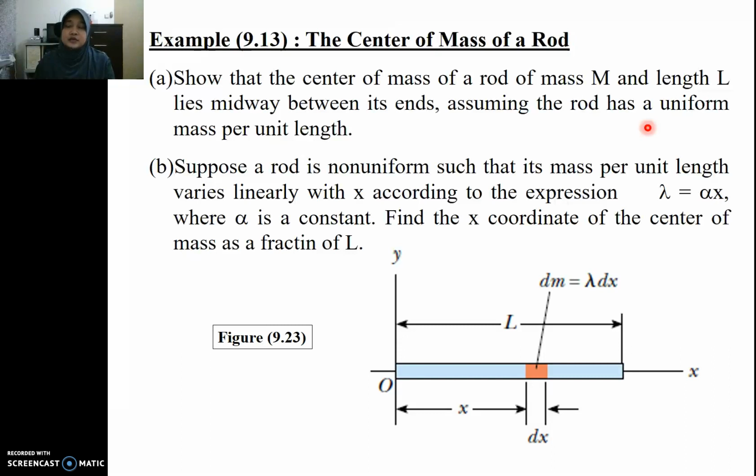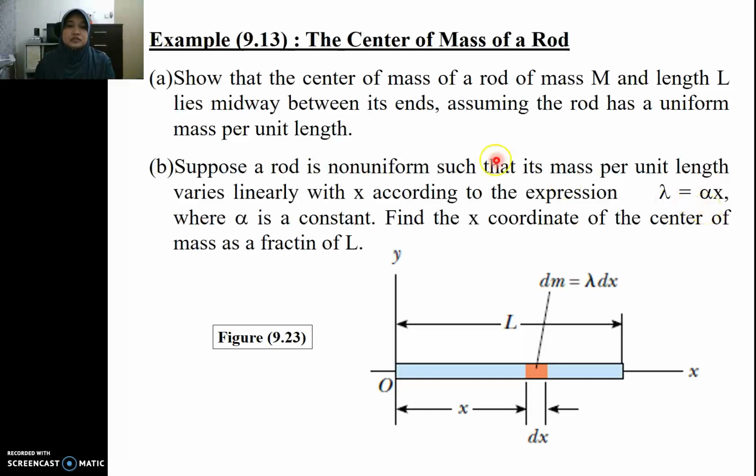Secondly, you are also asked to find the center of mass of the system if the rod is non-uniform. It means that lambda is not the same at any part of the rod, but changes as a function, lambda equals alpha x.